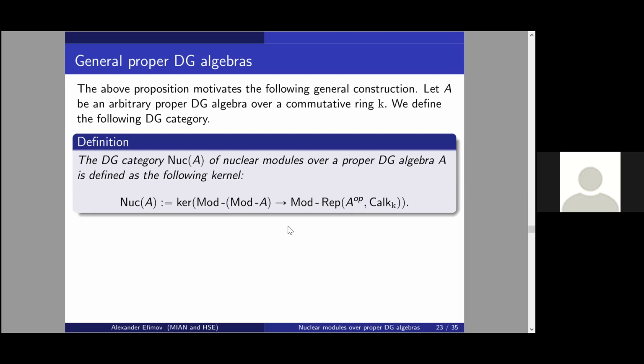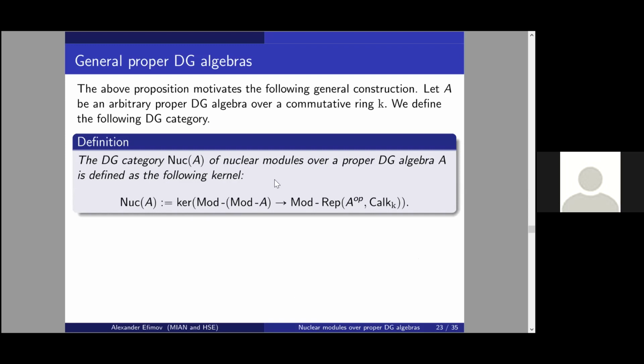So here I'm doing a very naive thing. I'm taking modules over A and modules over representations of A opposite in the Kalkin category, and taking the kernel.